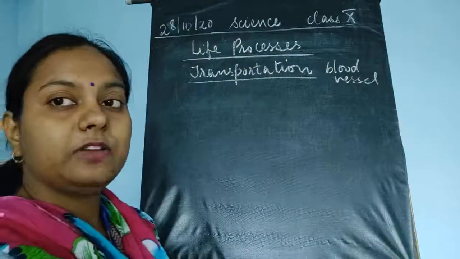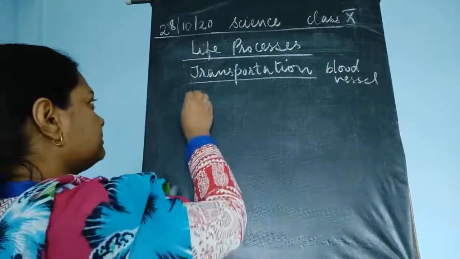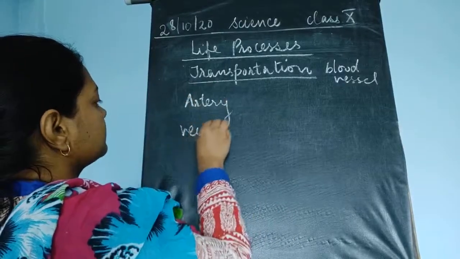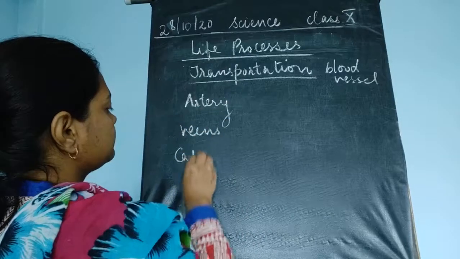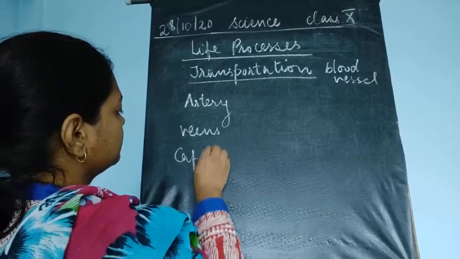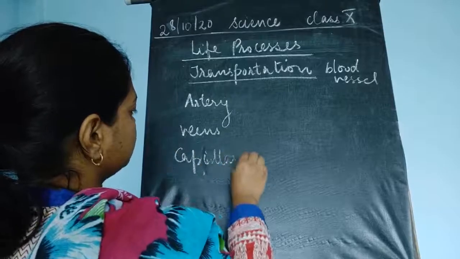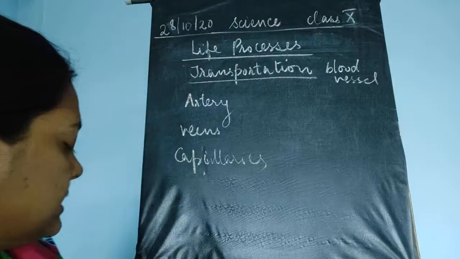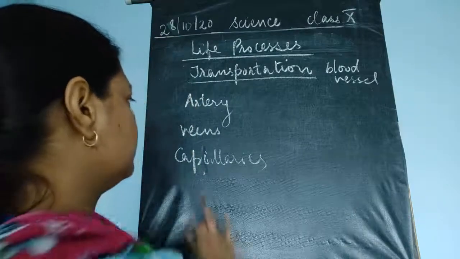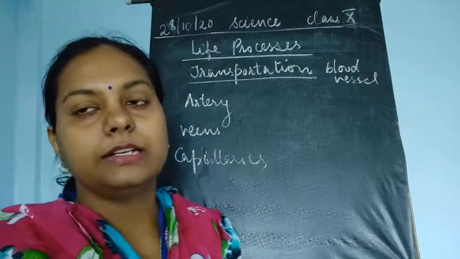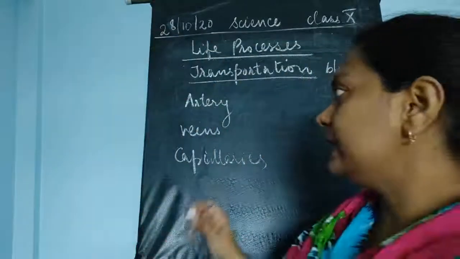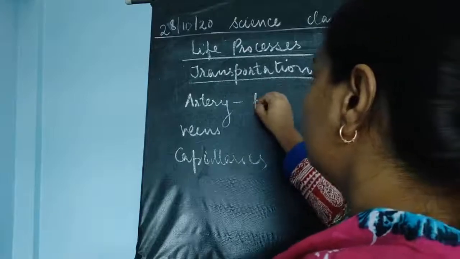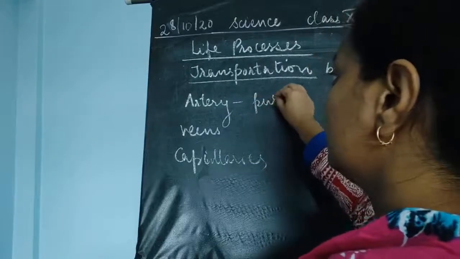So blood vessels are mainly of three types: arteries, veins and capillaries. An artery helps in the flow of the pure blood.